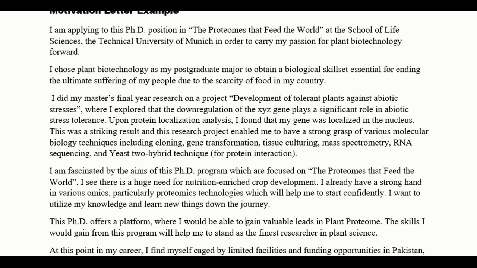And if you write your motivation letter following this sequence, explaining things in this way, and trying to relate your previous work to the call in this manner, then I'm 100% sure that you're going to get an email for your PhD interview, and nothing can stop you if you are very much motivated and you have invested time in writing your motivation letter, because you should not write it in half an hour.